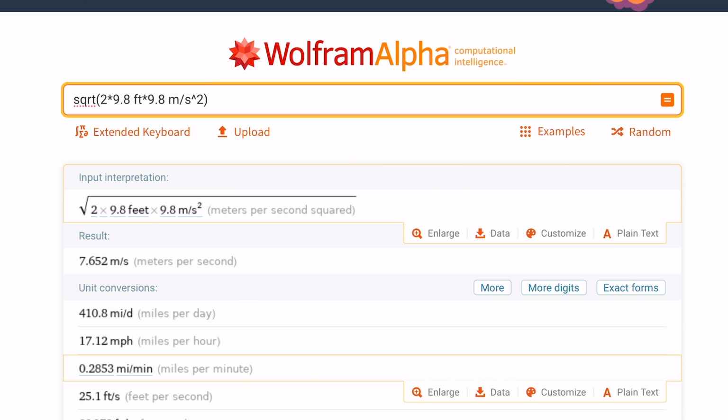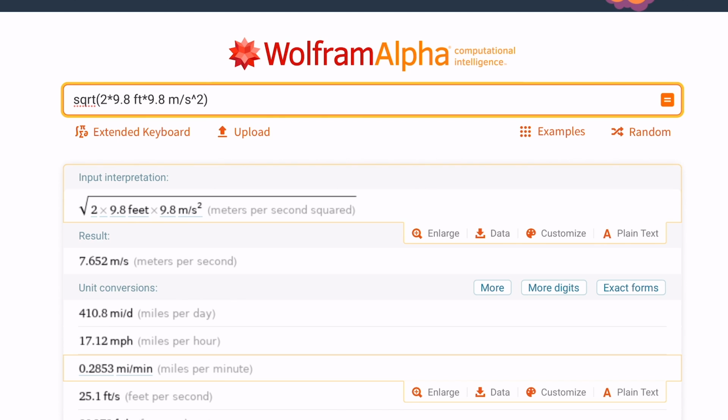Okay, so here we are in Wolfram Alpha, and you can see what I've done in my entry bar. I typed in the square root of 2 times 9.8 feet times the acceleration due to gravity of 9.8 meters per second squared. This time I decided to type in the number rather than, as you remember from past examples, just typing gravitational acceleration, because I thought it was easier.